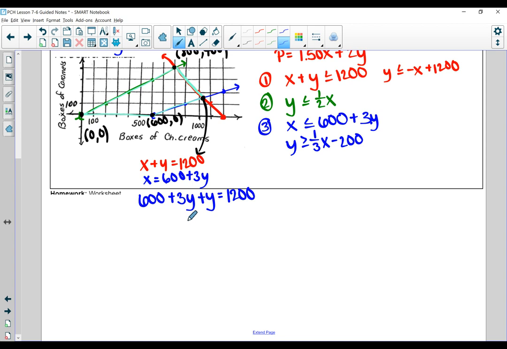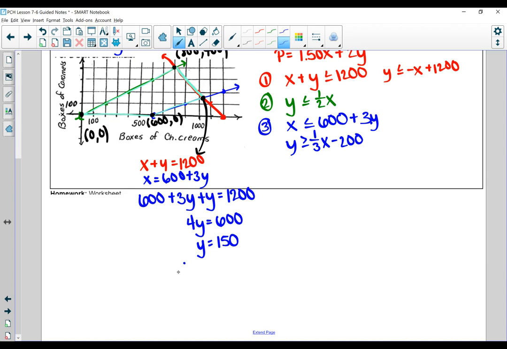Combine like terms. This is 4y is equal to 600. So my y value is 150, which means I'm going to be selling 150 caramels.